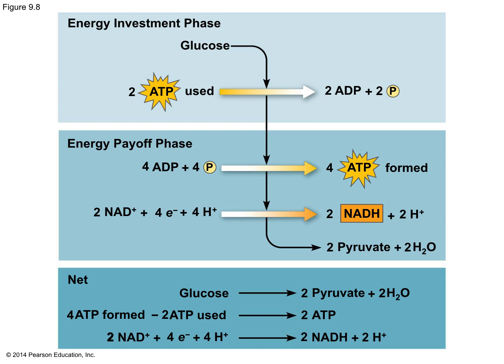And so we will break those 2 ATP into 2 ADP and 2 inorganic phosphate. Then in the energy payoff phase, we actually make 4 ATP. We use up 2, we make 4.